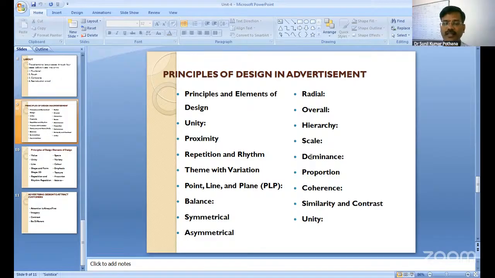First one is unity. Unity means that in the advertisement there is an image, some text, a logo, and some information in the form of text. So various types of media are included, and accordingly we have to unite all these elements.